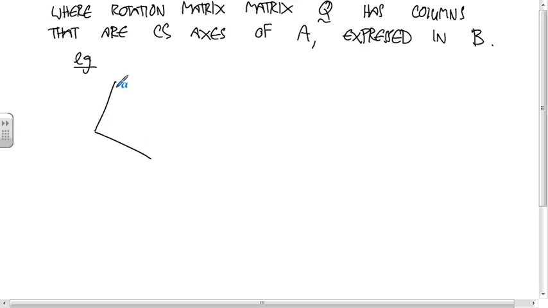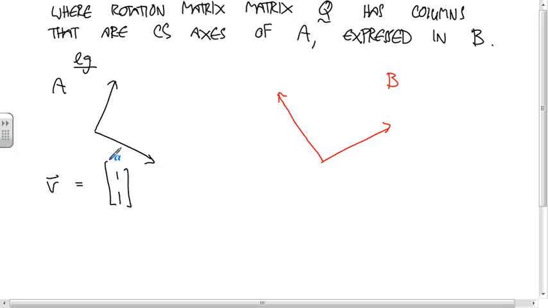Okay, so in other words, if this is your coordinate system A, and this is your coordinate system B, and in this coordinate system the vector V is equal to, let's say, 1, 1, expressed in coordinate system A, then the rotation matrix to re-express it in coordinate system B is this way.